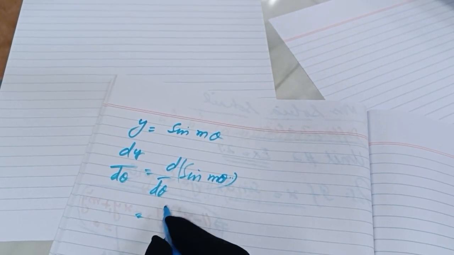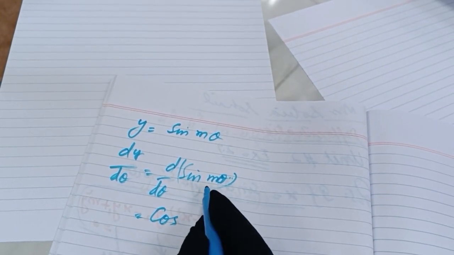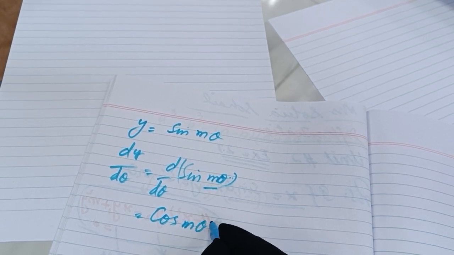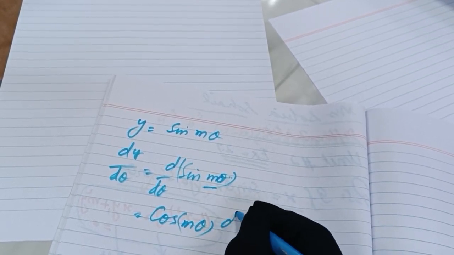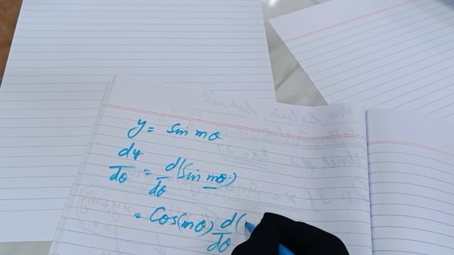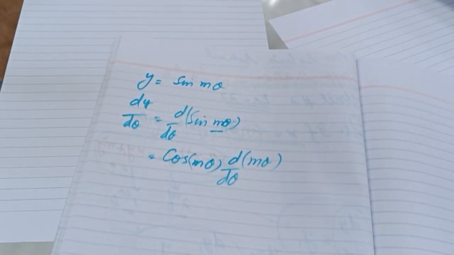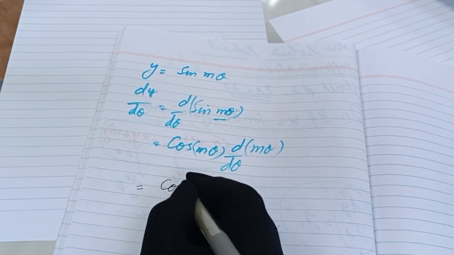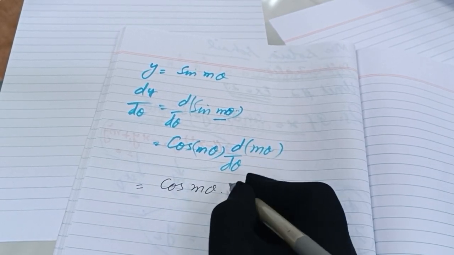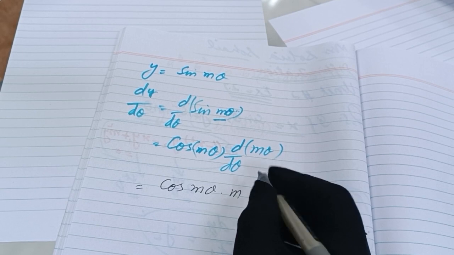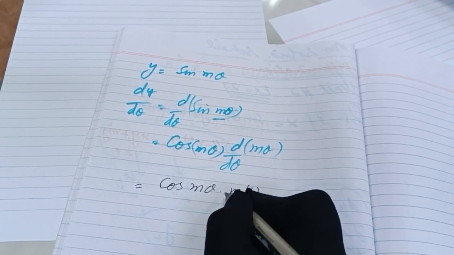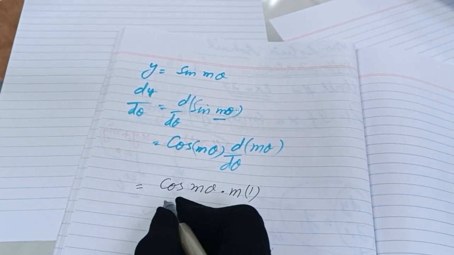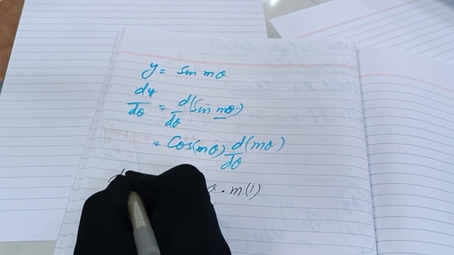The derivative of sine is cos of exactly the same angle, and then the derivative of the angle m theta. So we write cos of m theta; m is a constant, so we can write it as it is, and the theta derivative will be 1. So we can write it as m cos of m theta, or keep it as it is.